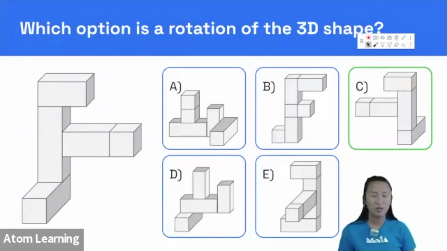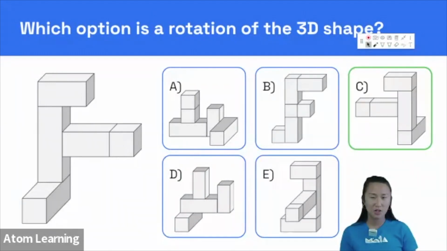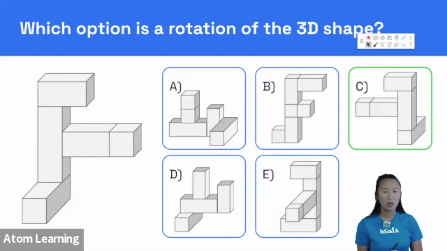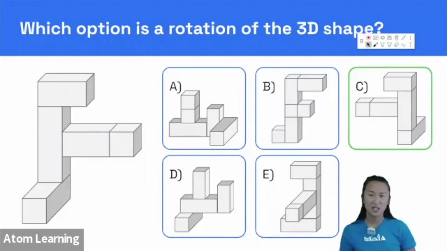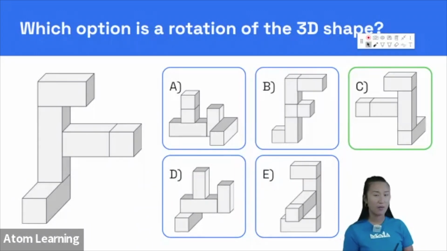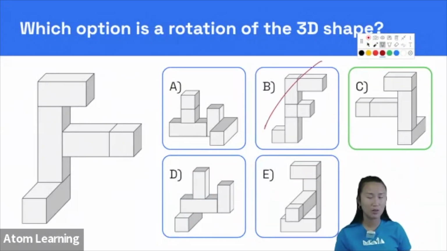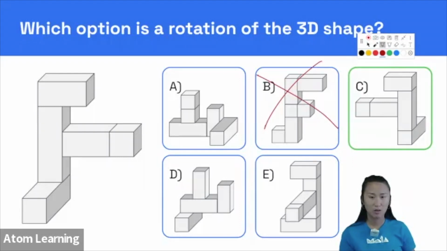Next, we need to rule out answer options that are obviously incorrect. Based on the elements we just looked at, we can rule out B because it's got the wrong number of blocks. There are 6 blocks instead of 5. And then we can rule out option D because it only contains 4 blocks. So just using the element of number, we can already rule out 2 of our answer options.